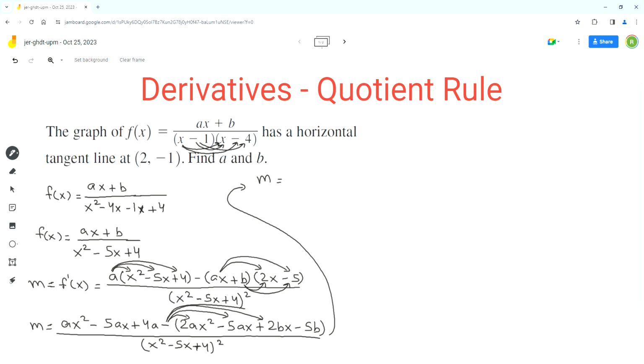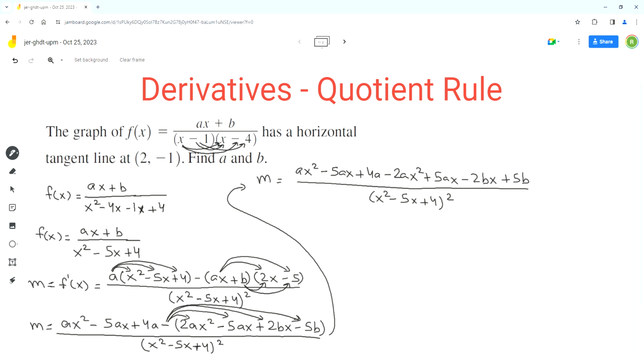So we get m equals ax squared minus 5ax plus 4a, then minus 2ax squared plus 5ax, and then minus 2bx, and then plus 5b, over x squared minus 5x plus 4, squared.